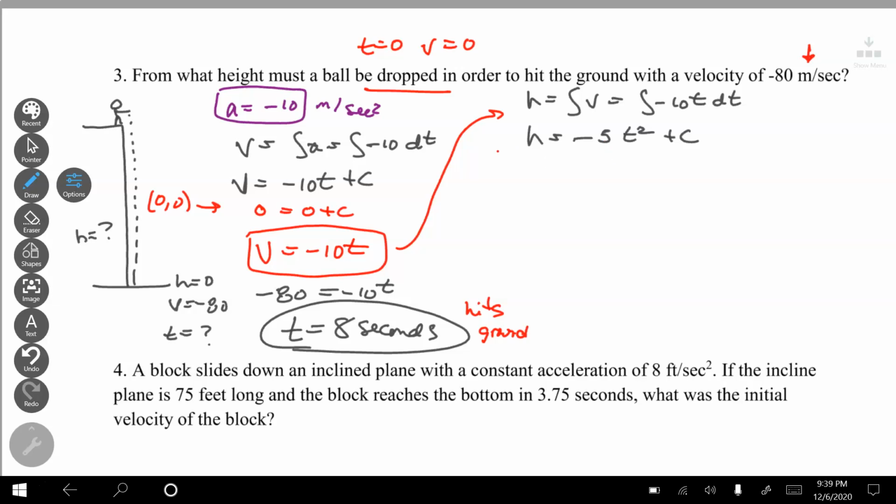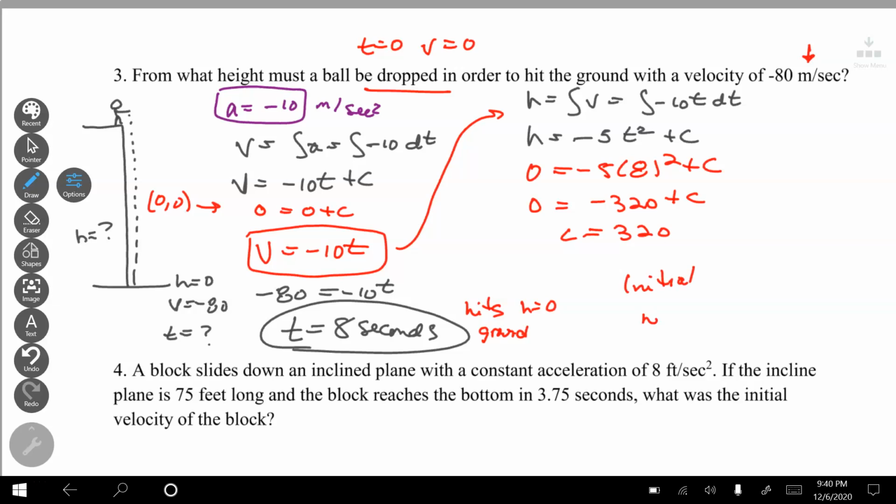So I know at 8 seconds it hits the ground, or h is equal to 0, so the height is equal to negative 5 times 8 squared plus c, or 0 equals negative 320 plus c, or my c is 320, or my initial height is 320 meters. That's pretty high up.